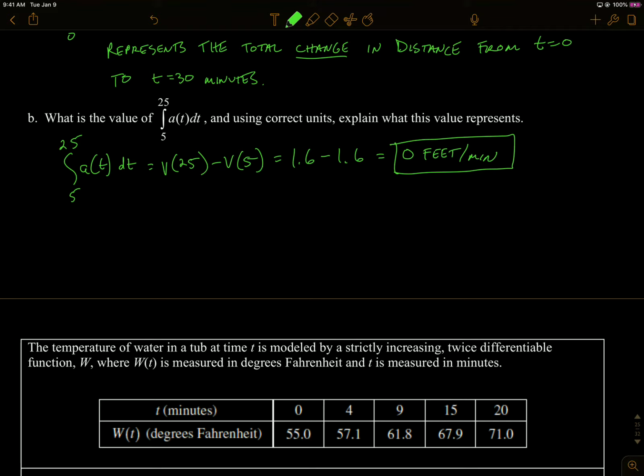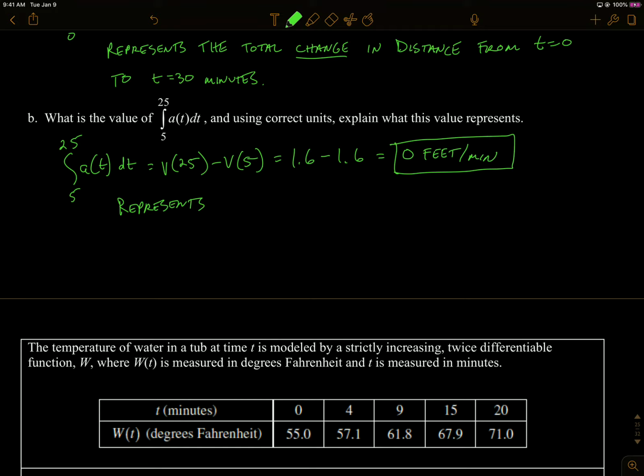Okay, so when we integrate acceleration, we're integrating a rate of change of a rate of change. It just becomes the rate of change. So 0 feet per minute. What this represents is not the velocity at any given time.